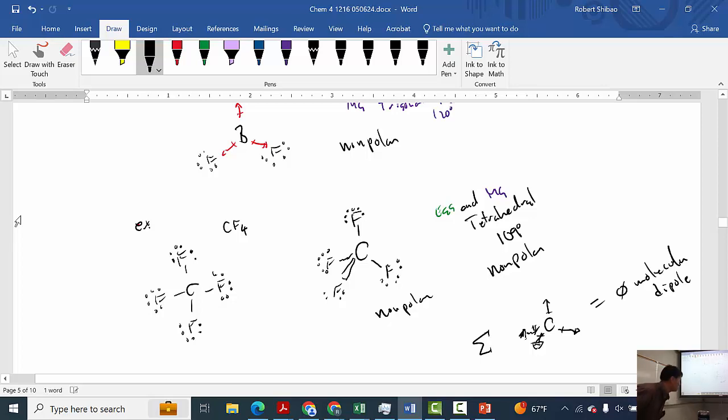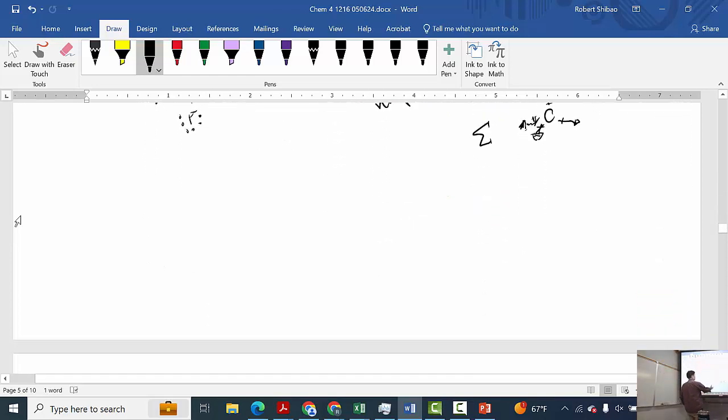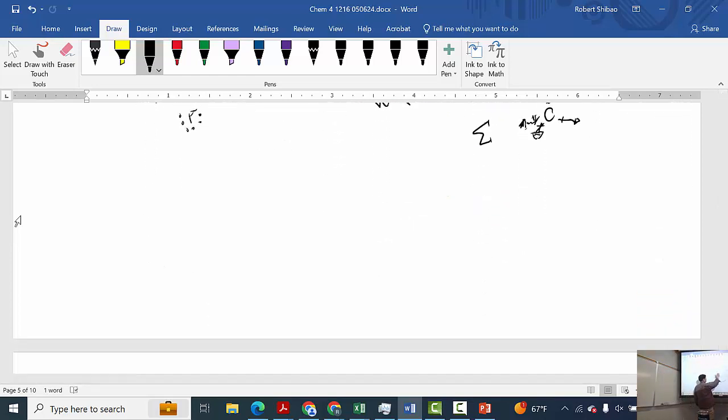Now, if we replace one of the fluorines with a hydrogen, then it's going to be polar. So let's remove the top one, and we have the 3 bottom ones, then there's going to be a net molecular dipole that's going to point straight down. So let's try that one next here. An example. Let's take that top fluorine and replace it with a hydrogen.